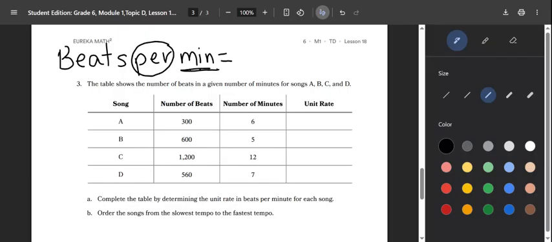So we're going to set up our division problem as a fraction, and it's going to look like this. Number of beats divided by number of minutes.